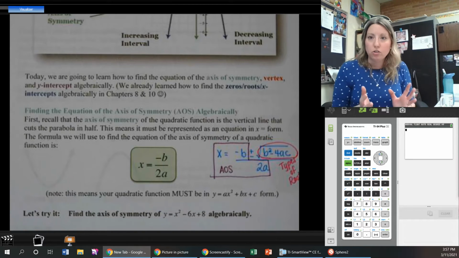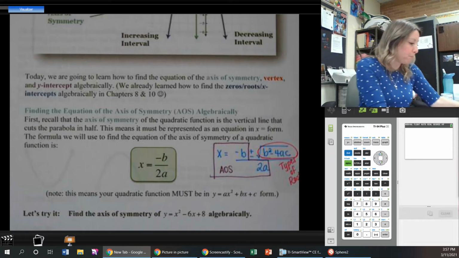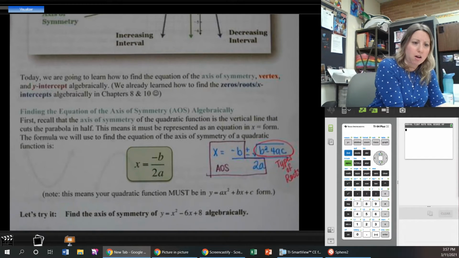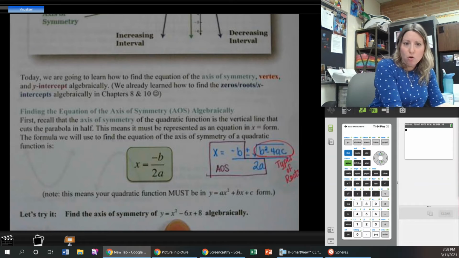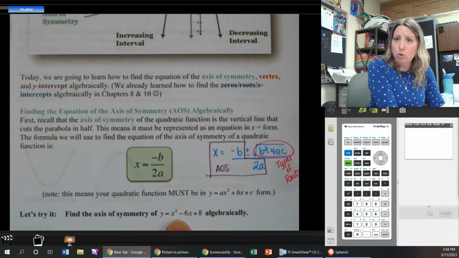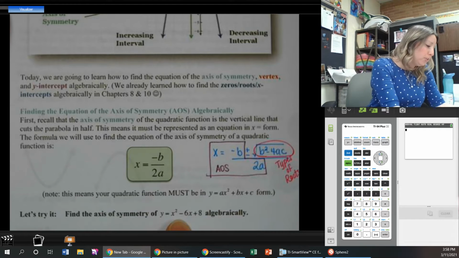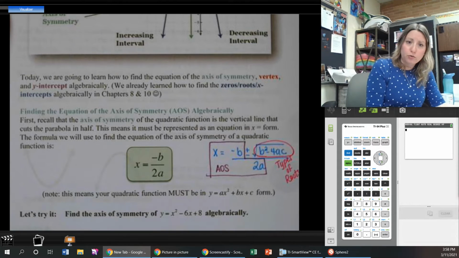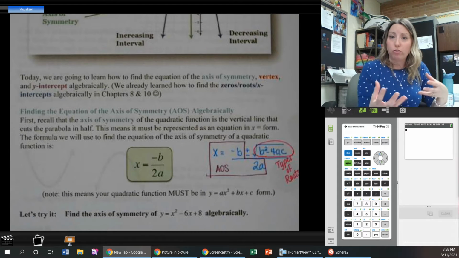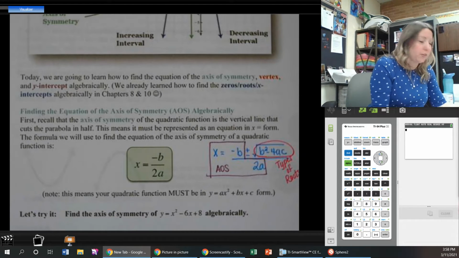So it works on tons of levels, okay? Now we're going to use this formula with this example, y equals x squared minus 6x plus 8 as our function equation example. We're going to plug our a and our b into this formula and simplify, and we're going to find out what the equation of our axis of symmetry is for this formula.